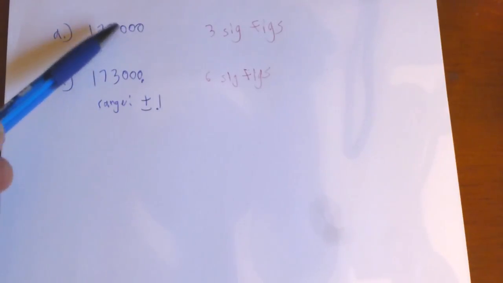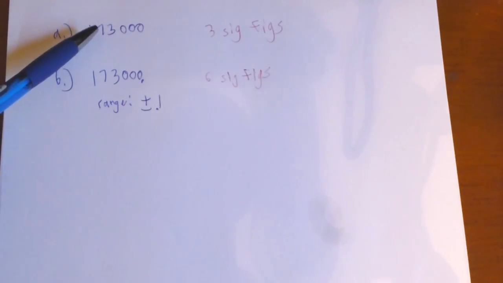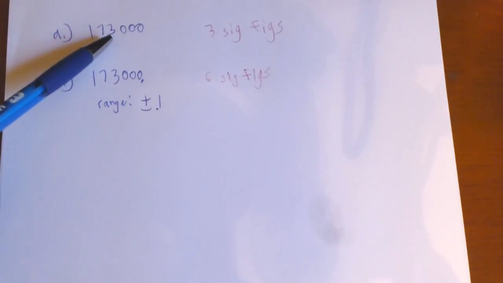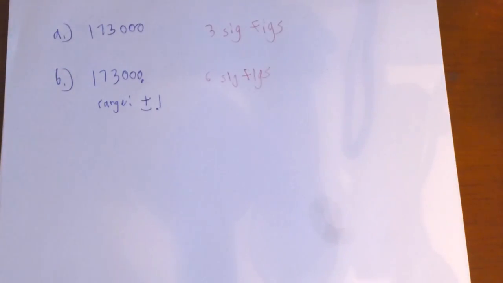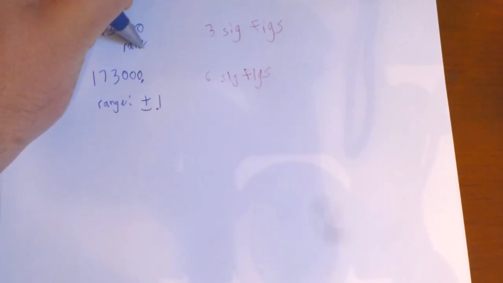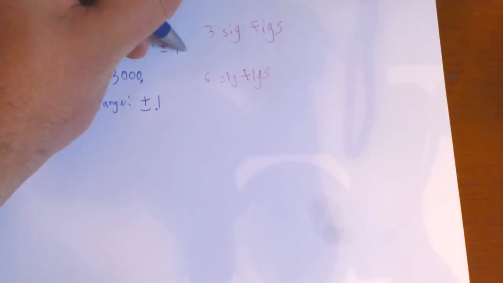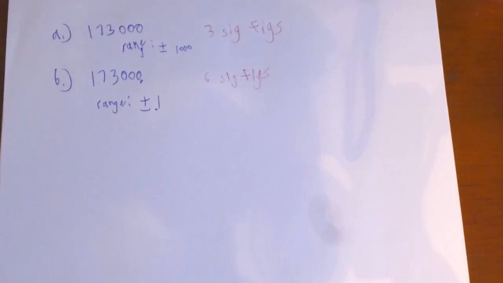This is a very broad estimate. It tells us that we have, let's say, a doubt of 1,000 units. So our range could be plus or minus 1,000 because we don't have a decimal point there.